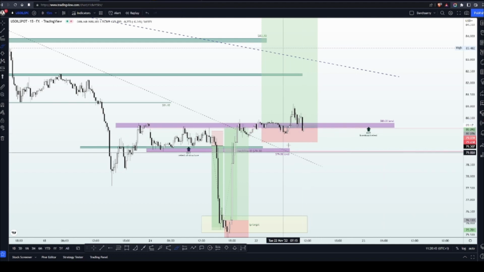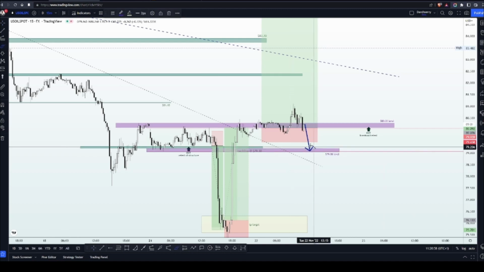And if price continues to the downside, and in such a way that price comes back, then I will be waiting for price to come back into the $79 level here, which we identified here. And it also shares a confluence with this trend line that I was able to identify around this area.